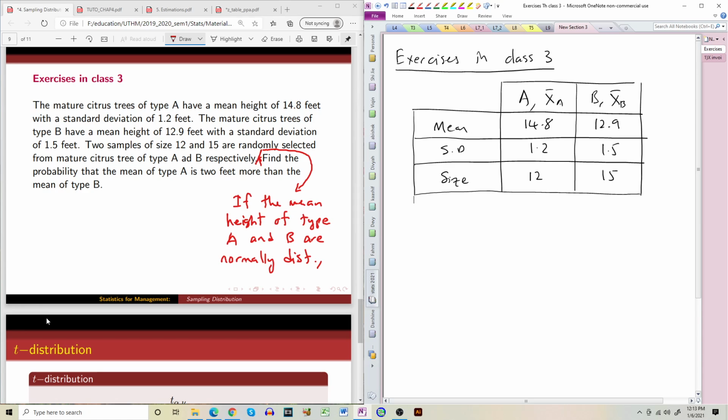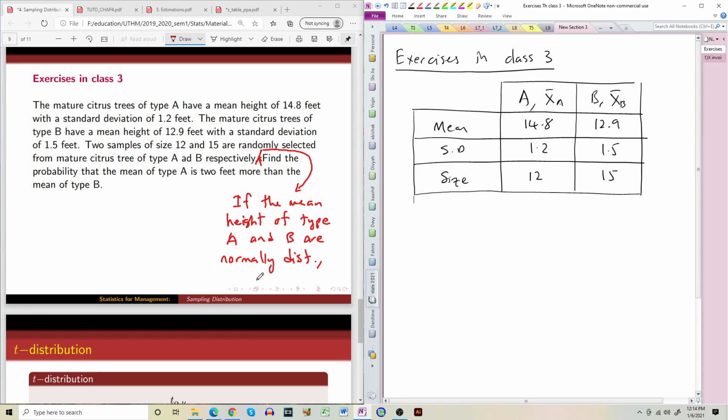It's just in this question I forgot to insert one piece of information to mention that it is a normal distribution. So please insert here, if the mean height of type A and B are normally distributed, find the probability that the mean of type A is 2 feet more than the type B. So we're going to find the probability that type A is more than type B by more than 2 feet.